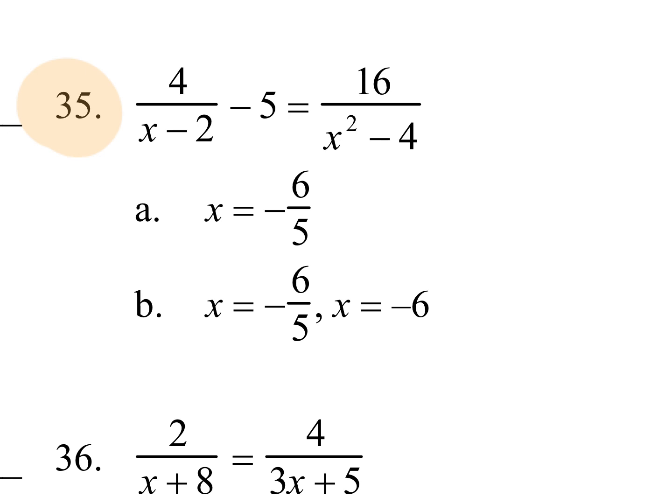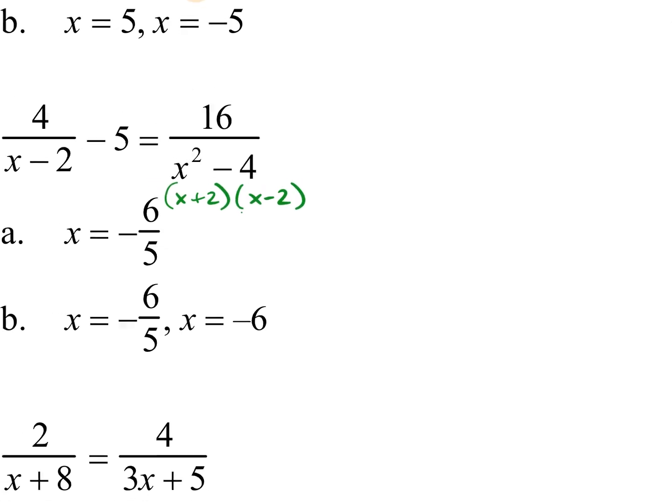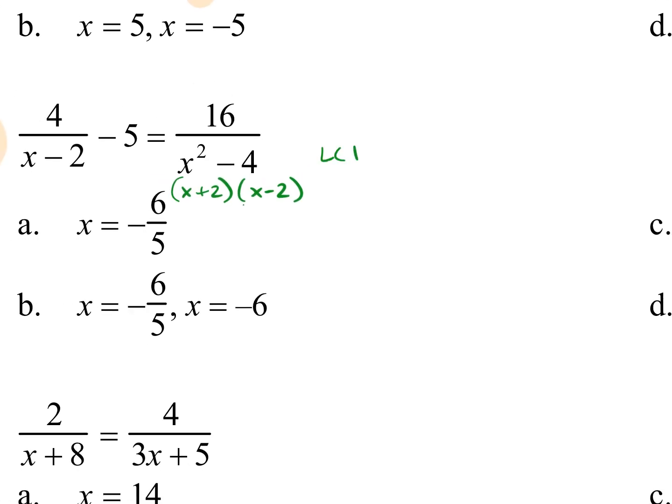So here we want to factor our denominator to find our least common denominator. So x squared minus 4 factors into x plus 2 and x minus 2. So for our least common denominator, it would be x plus 2 times x minus 2. So we multiply by what's missing, or you could multiply it by your least common denominator, but what's already in the denominator is going to cancel.